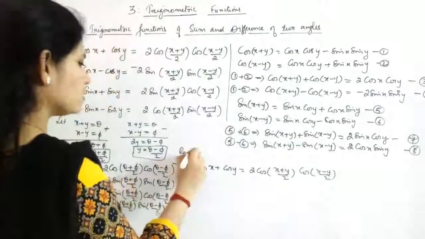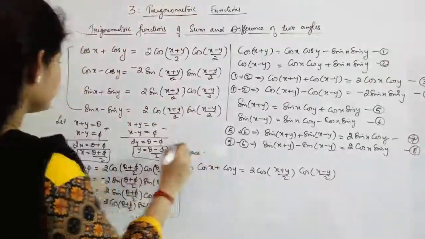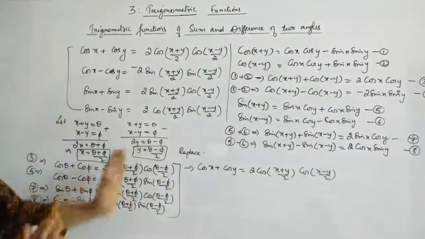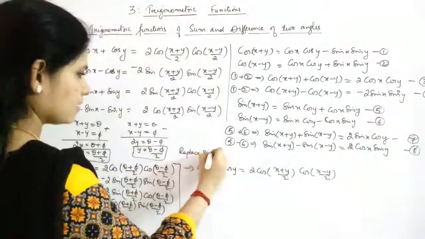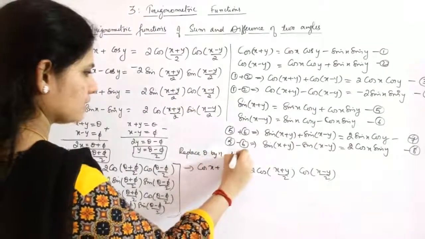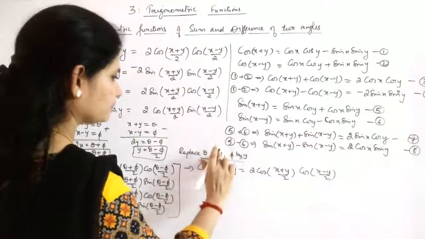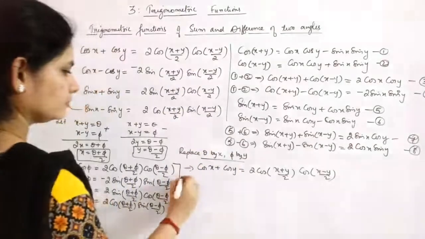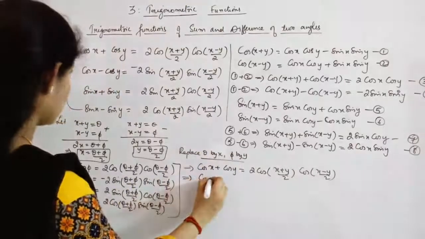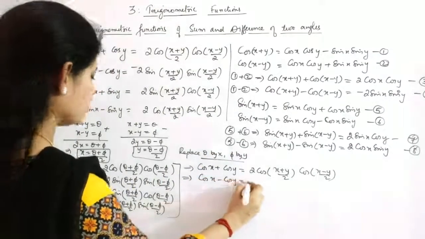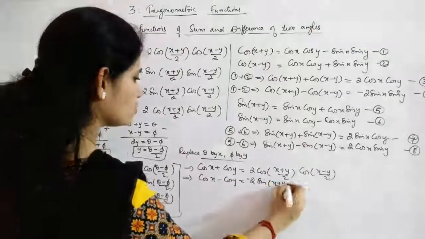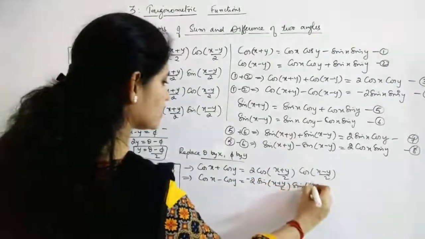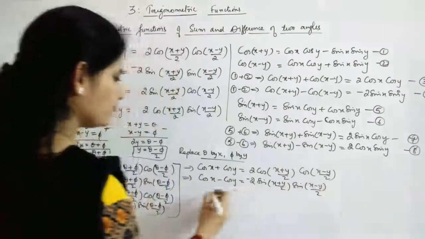This was a substitution, but here we are just replacing theta by x and phi by y. And here you will get cos x minus cos y to be minus 2 sine of (x plus y) by 2 times sine of (x minus y) by 2.